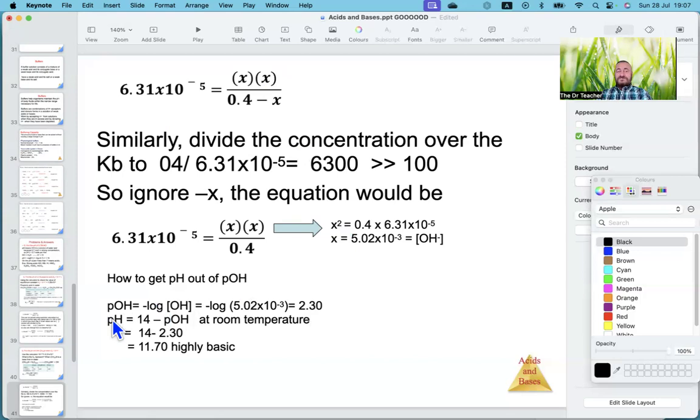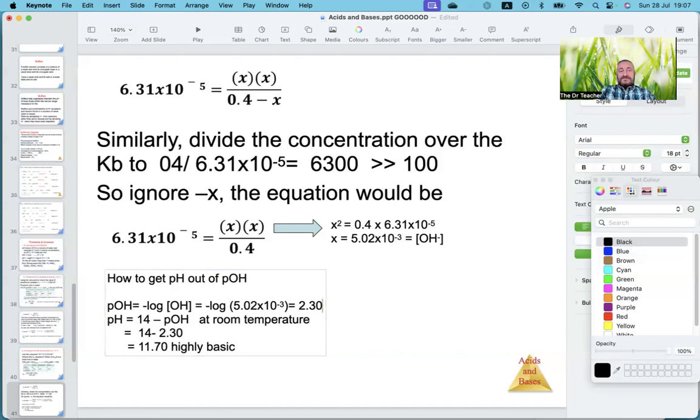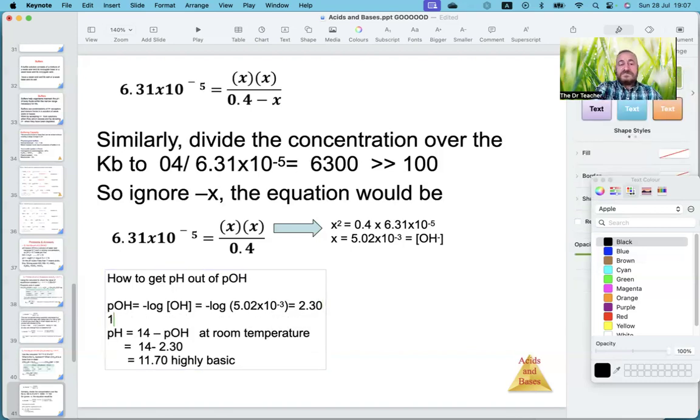The pH is what? You remember, 14 is the scale of 14. 14 means pH plus pOH. Okay, 14. So if I come here and say that 14 equals pH plus pOH.